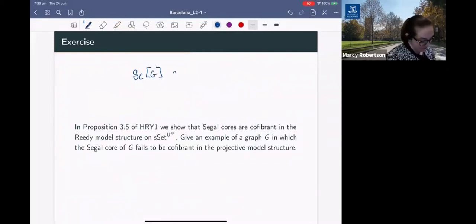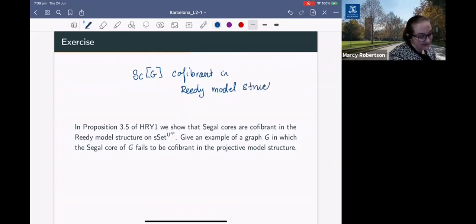It's actually kind of fun. Well, maybe my definition of fun is different than yours, but this is actually a reasonably fun thing to do. And it's quite easy to see examples of graphs in which the Segal core fails to be cofibrant in the projective model structure.